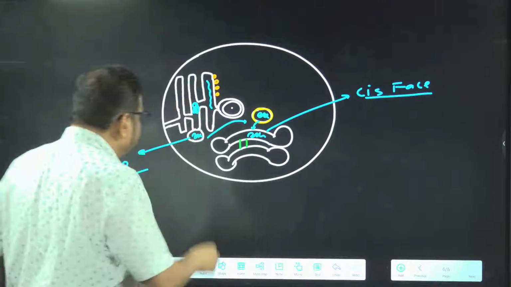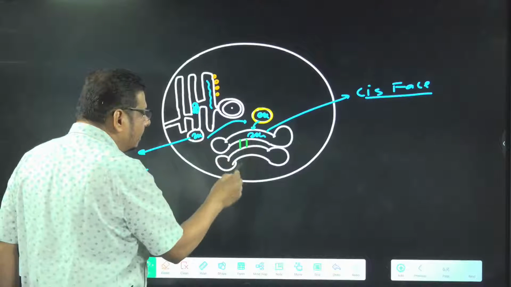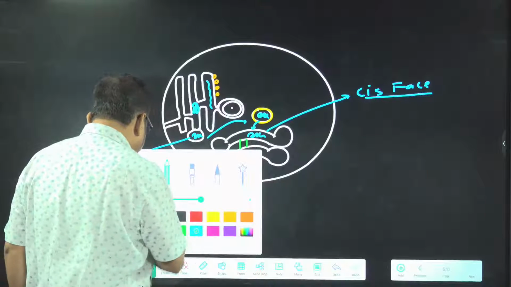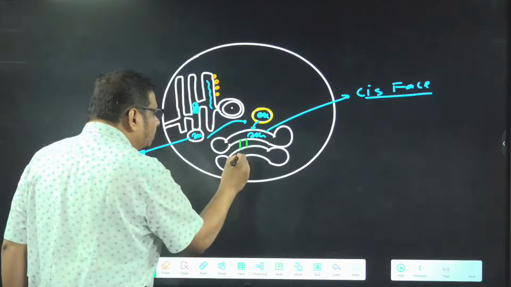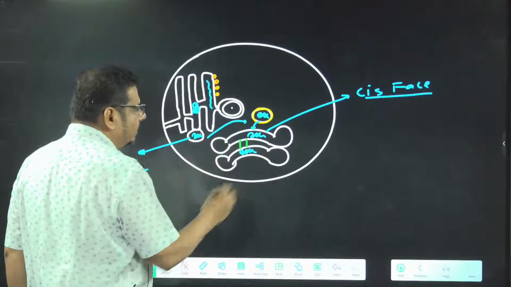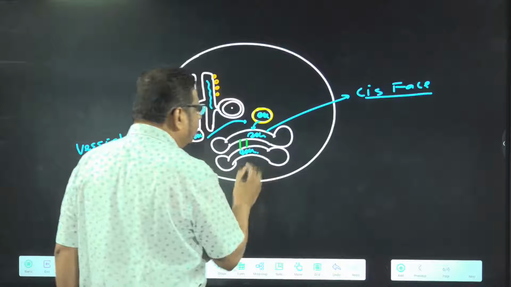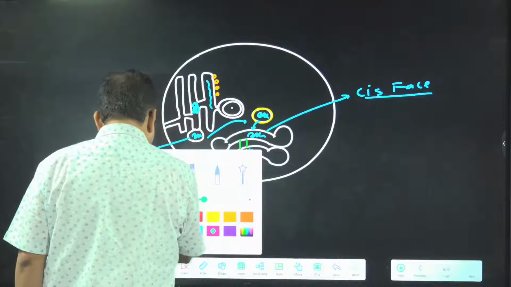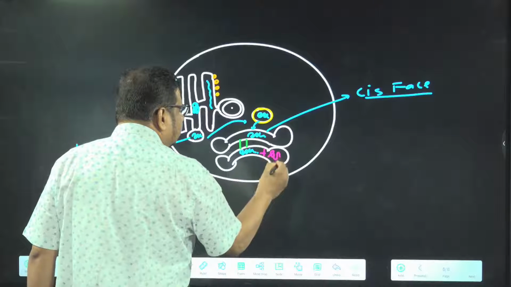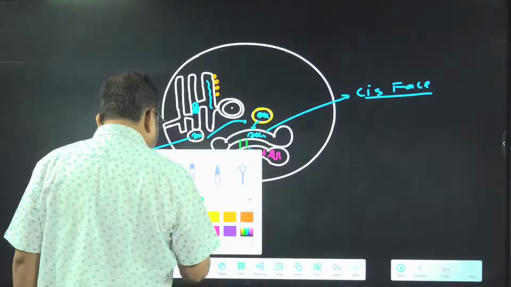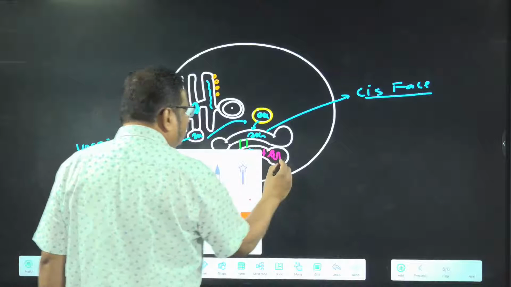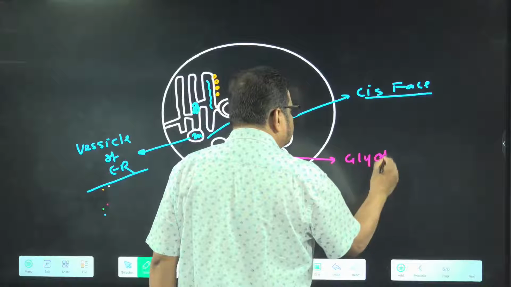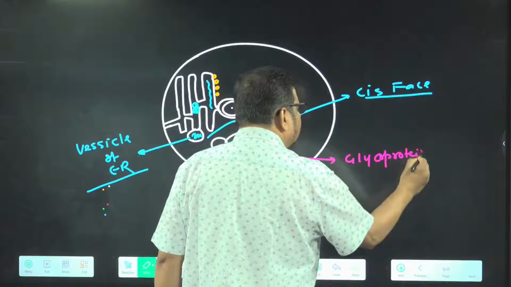Meanwhile, chemical modification occurs. An oligosaccharide attaches here, and the protein is converted into glycoprotein.